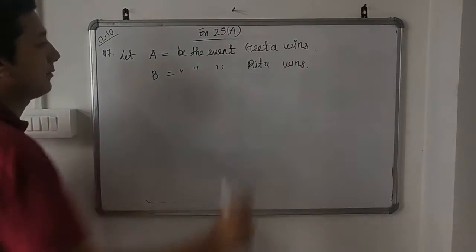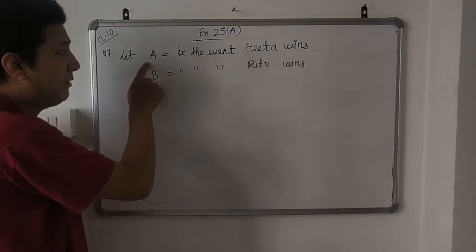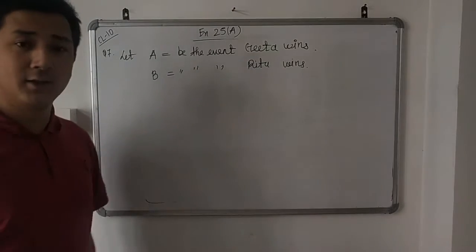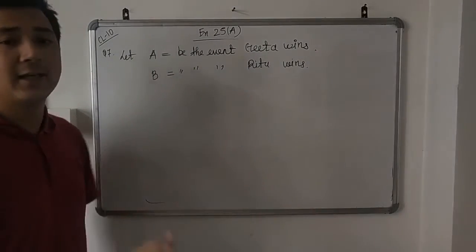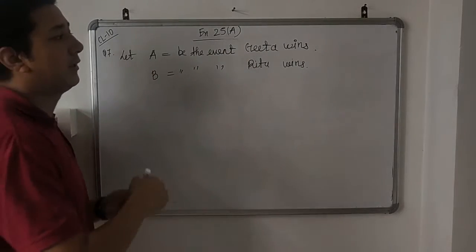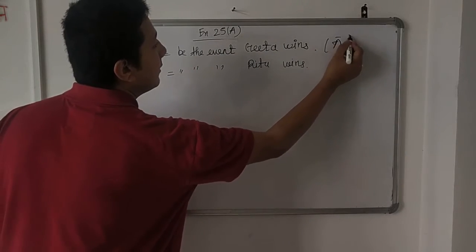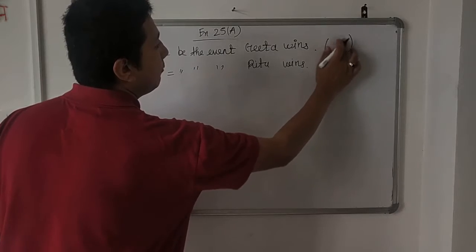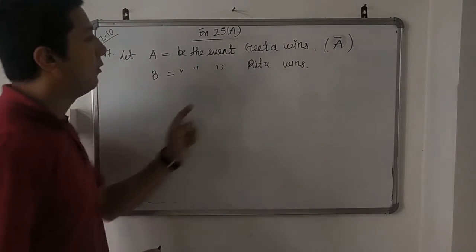Before that, I've made an assumption. Let capital A be the event that Geeta wins, and let capital B be the event that Ritu wins. If A is the event Geeta wins, then A dash or A complement is Geeta loses.